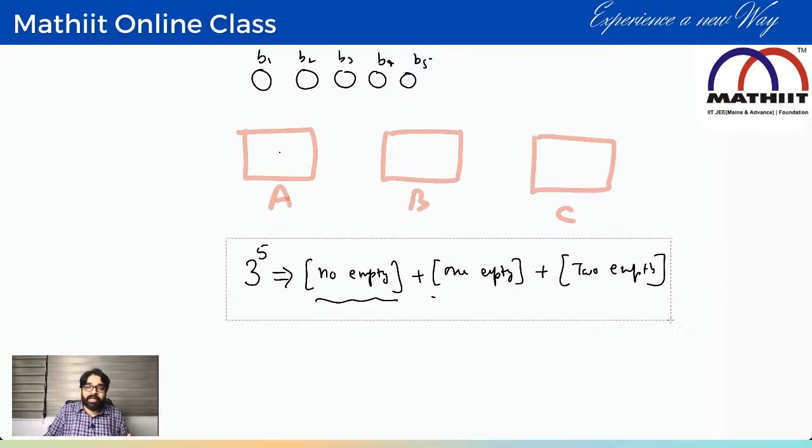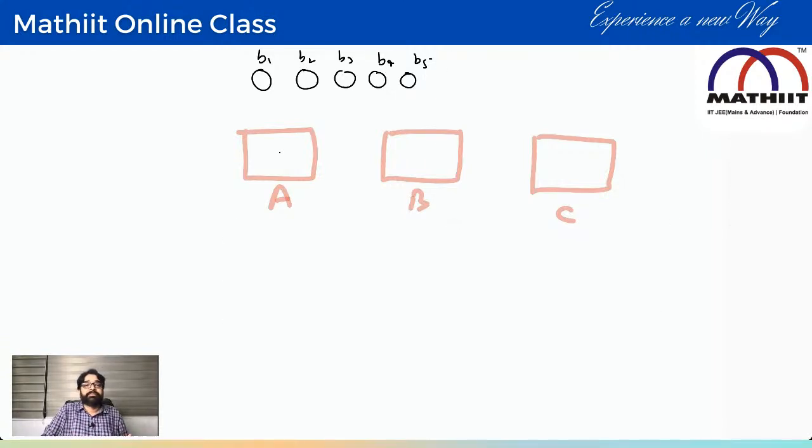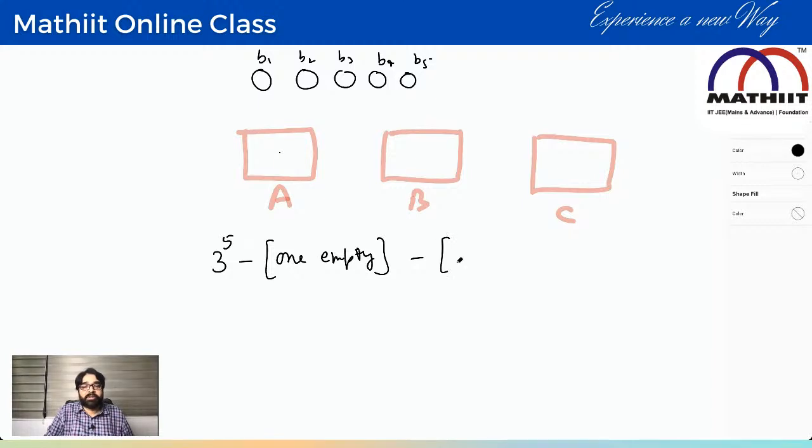I hope everybody is able to understand my point. So no empty equals 3 power 5 minus 1 empty minus 2 empty. That case I will remove. That's all, we'll get the answer.